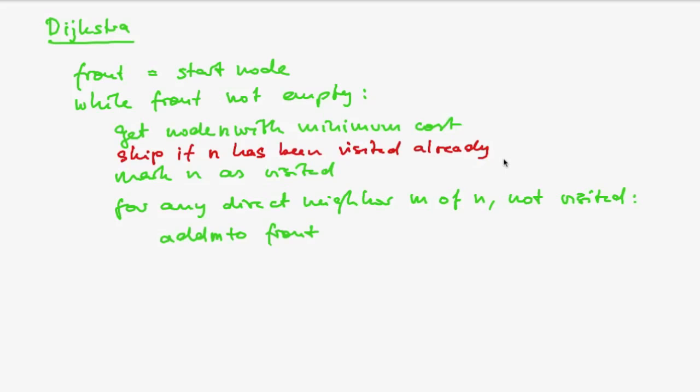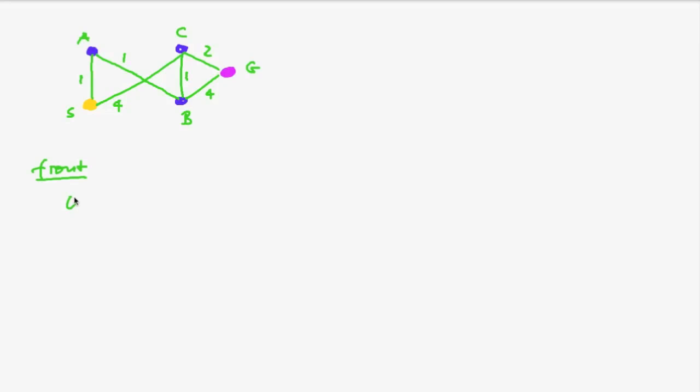So now let's have a look at how the execution of this algorithm works on our previous graph. Again, this is our graph. This is our start, and this is the goal we want to reach. It has those edges with costs 1, 1, 4, 1, 2, 4. How does our front look? Well, again, we start with cost 0 and node S. We pick the minimum element in front, cross it out, and note the final cost.